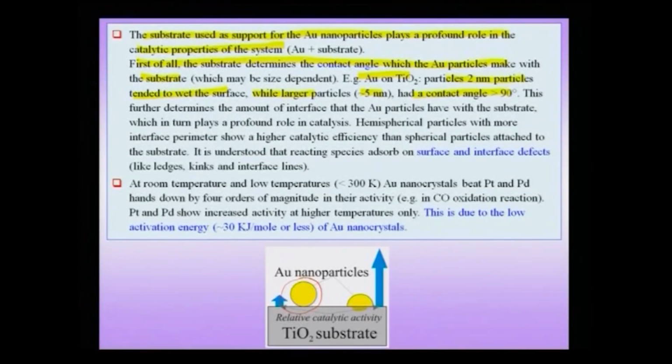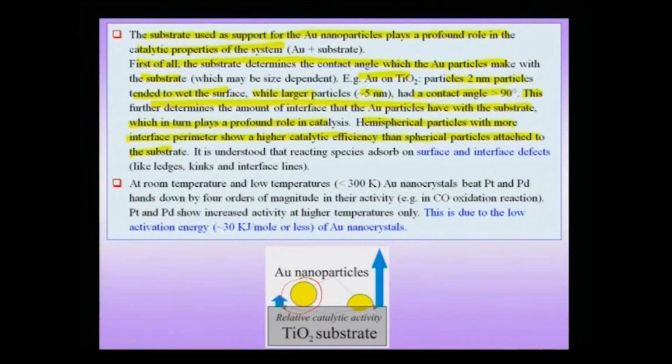This wetting also is going to tell you what is the amount of interface that the gold nanoparticles will have with the substrate, which in turn plays a profound role in the catalysis. Hemispherical particles with more interface perimeter show higher catalytic efficiency than spherical particles attached to the substrate.